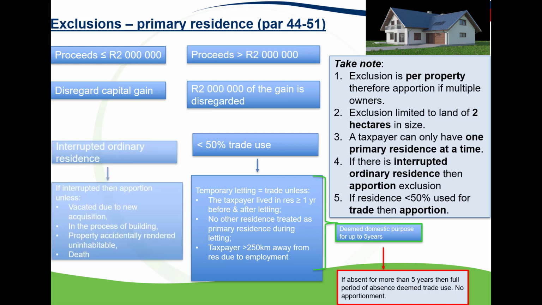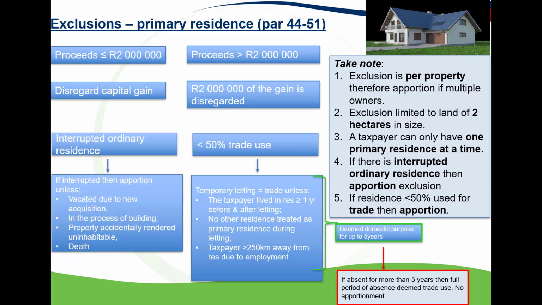Right. If there is any interruption in being ordinarily resident or in living in the property, which is what we mentioned earlier, then the exclusion should be apportioned and will only apply to periods of uninterrupted residence, unless the property was either vacated due to a new acquisition, or there was a process of building, or the property was accidentally rendered uninhabitable, or the taxpayer has died.